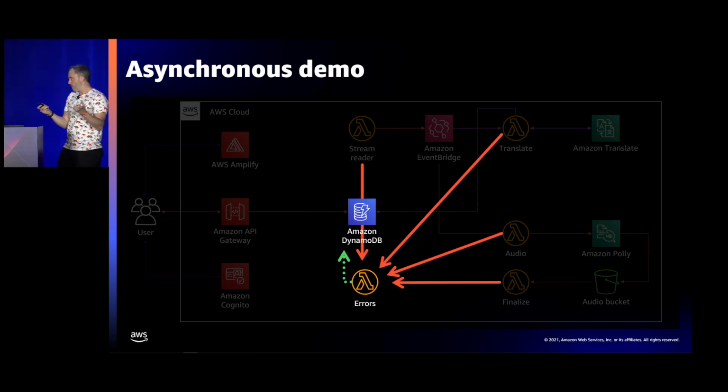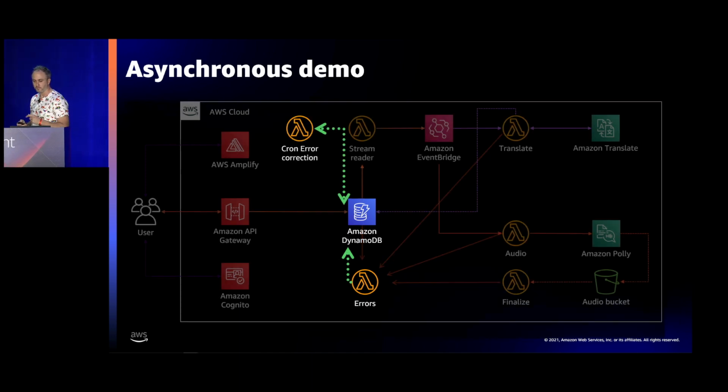Well, in this example, I'm using DynamoDB to manage the state of my whole application, right? That's my single source of truth as my payload passes through the various stages. Then I have another Lambda function which can be on a scheduler to scan through my DynamoDB table and correct some of those errors every day, every hour, for example.